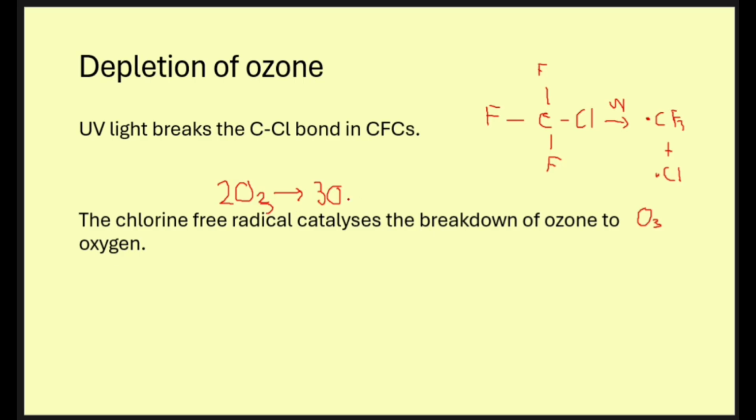So that's 2 molecules of ozone breaks down into 3 molecules of oxygen. That's the balanced equation, which creates this hole in the ozone layer, as we saw just before COVID, causing more UV light to come through, which could cause more cancers and things like that. So it's not very good, and we don't want this to happen.